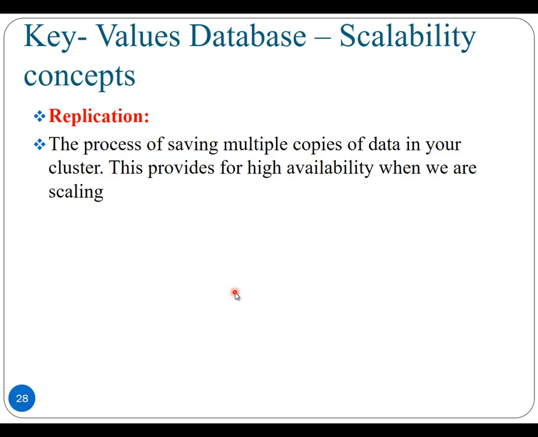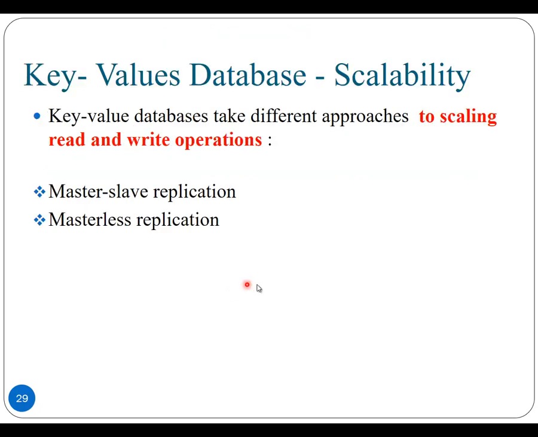It increases the speed of the read operation. In the key value database, we could have two different replication techniques. The first one is master-slave replication, and the second one is masterless replication.